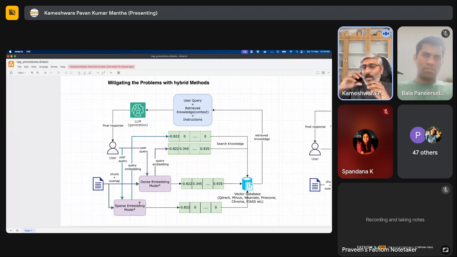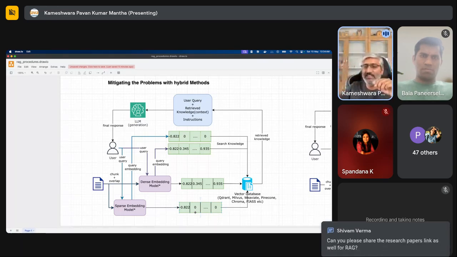So now we have taken two different models, a dense embedding model and a sparse embedding model. Both will give you vectors of the dimensions according to the model that you have selected. Dense means you have too many numbers in it, a very densely packed vector, maybe like 1536 dimensions.